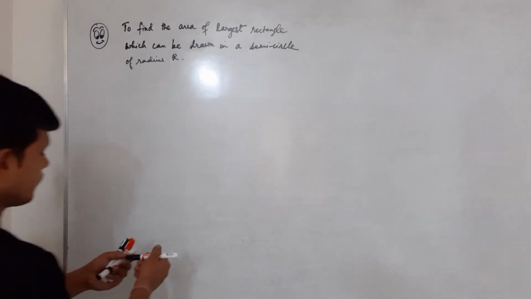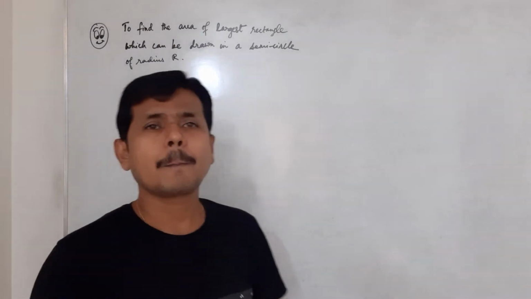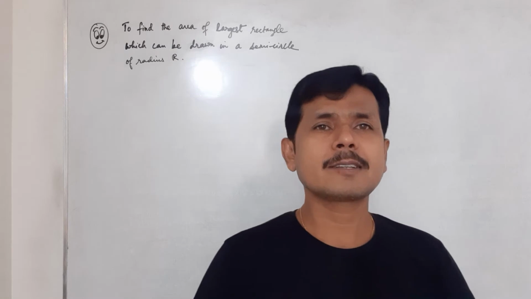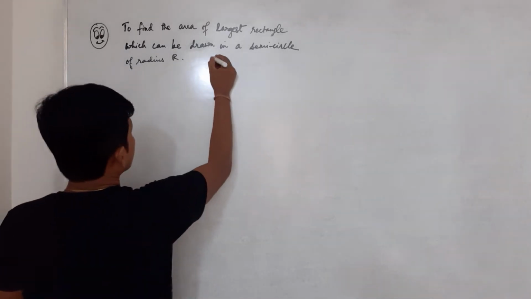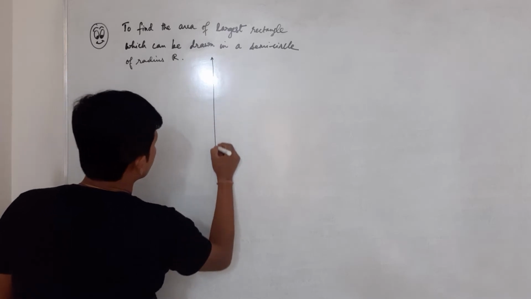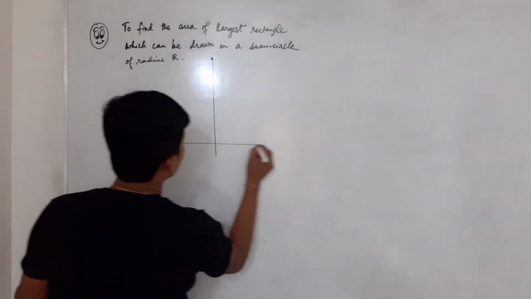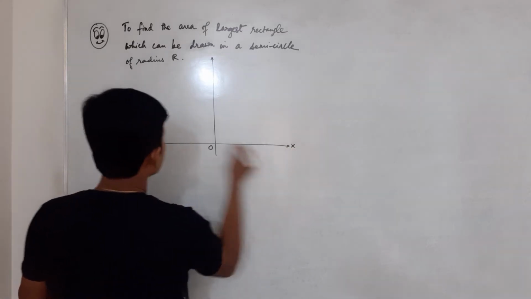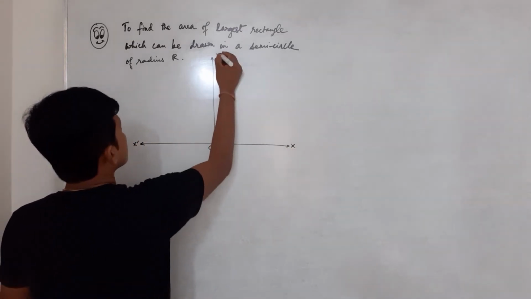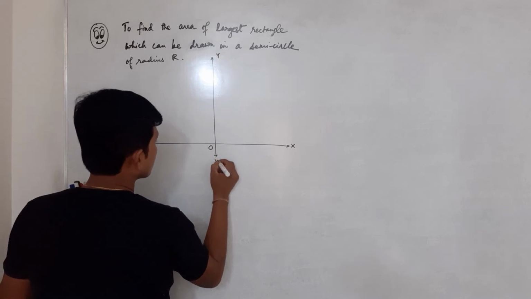First of all, I am going to use the coordinate axis over here. I have taken the coordinate axis. This is origin, this is x axis, this is y axis.